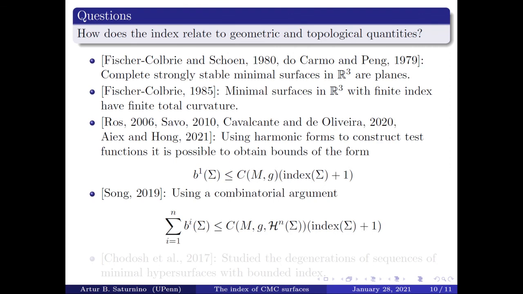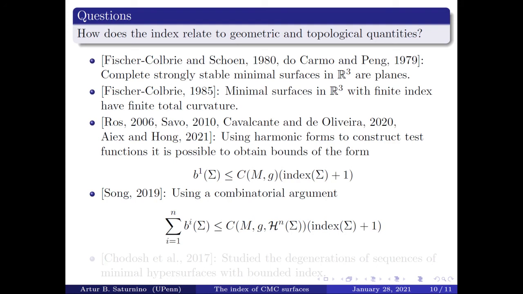And there is another very different approach by Song, which uses a combinatorial argument to show bounds for the sum of Betti numbers. But these bounds now not only depend on the ambient manifold, they also depend on the area of the hypersurface.